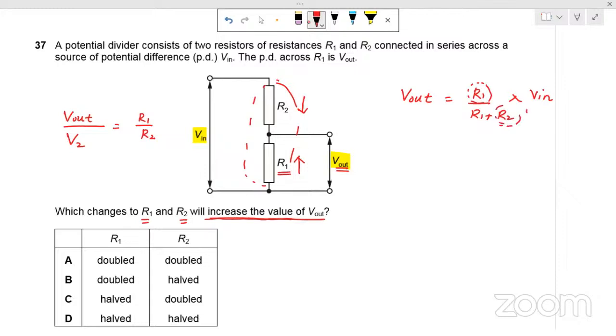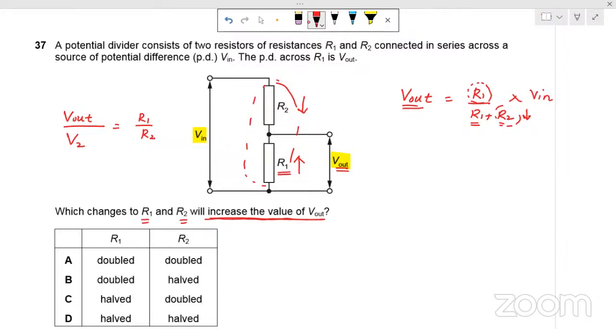If you decrease R2, the denominator will decrease. So as a result, Vout will increase. If you increase R1, the numerator will increase. R1 is also there in the denominator, but by increasing R1, for example, if you want to double R1, the numerator will become double, but the denominator, R1 plus R2, will not double.